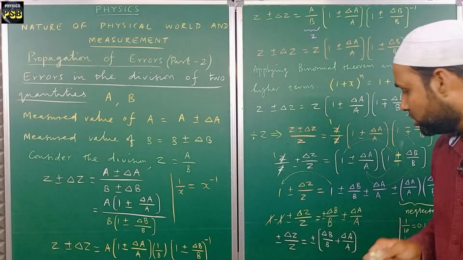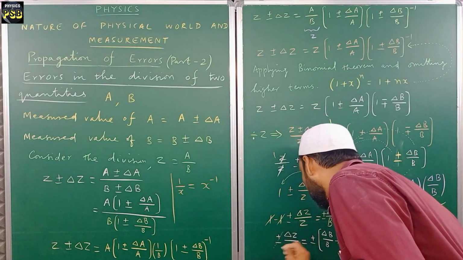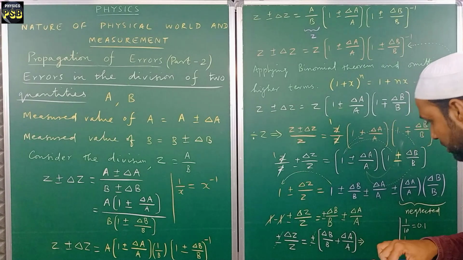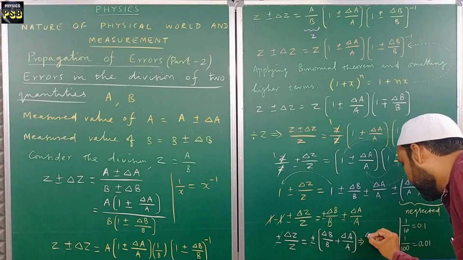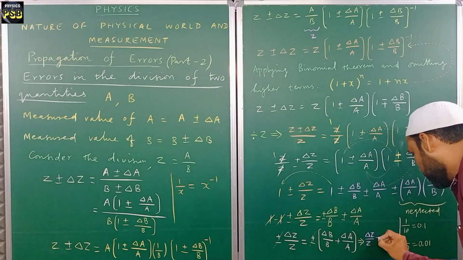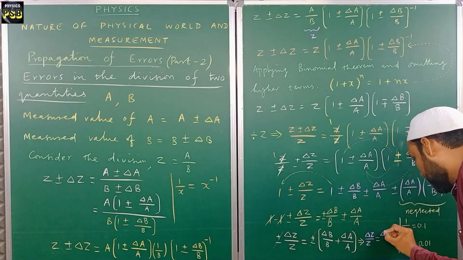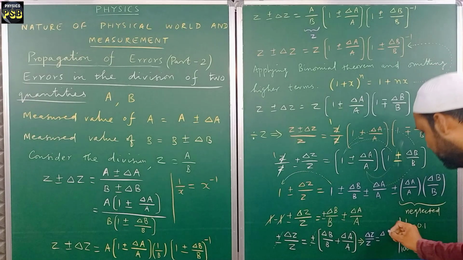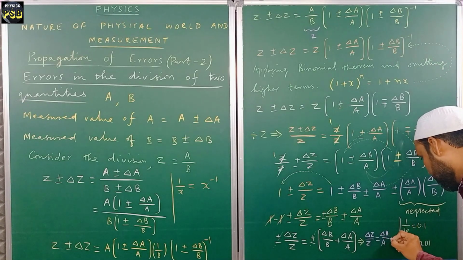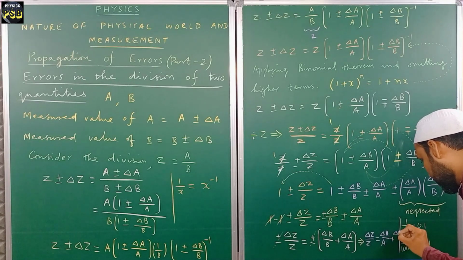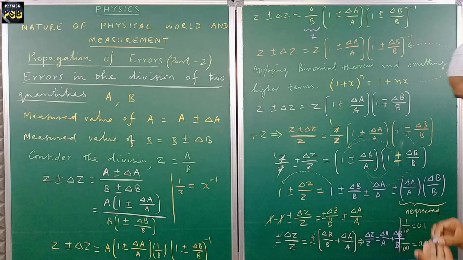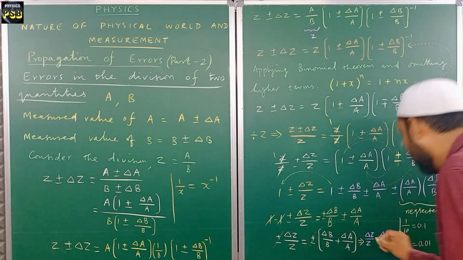Here on both sides we have the same thing, so if you remove it, what you obtain at the end is delta Z upon Z equals delta A upon A plus delta B upon B. This is the final expression.